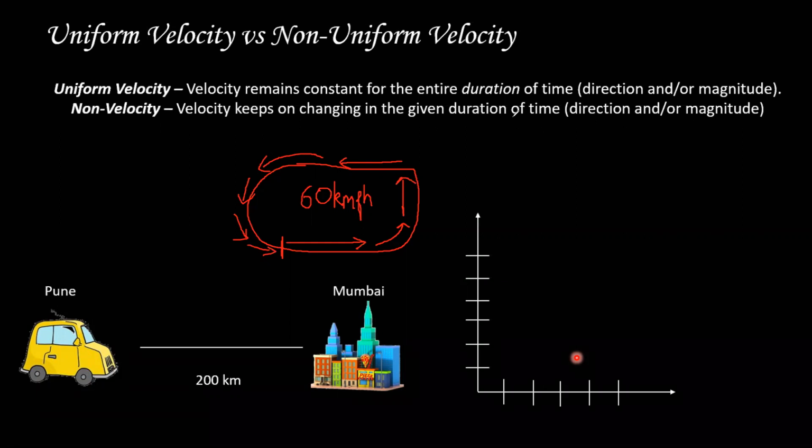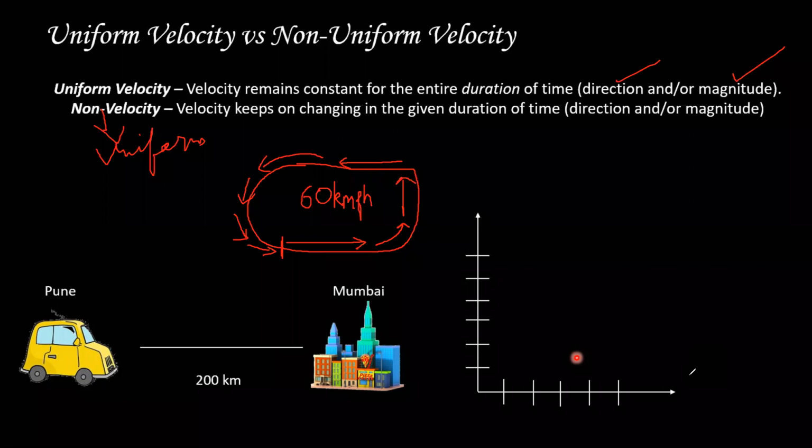So in velocity, you have to think about both things, the speed or the magnitude, and also the direction. In speed, we only think about the magnitude, which is 60 kilometers per hour. We don't care about the direction. But in velocity, you have to care about both these things, direction and magnitude. So uniform velocity means velocity remains constant for the entire duration of time.